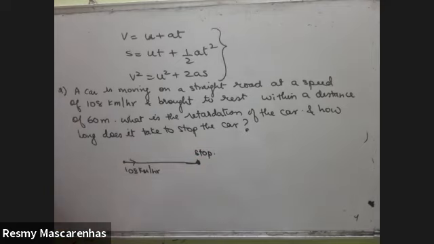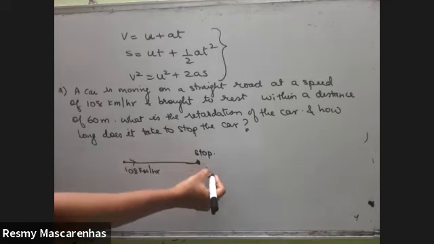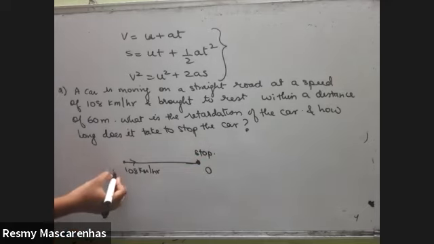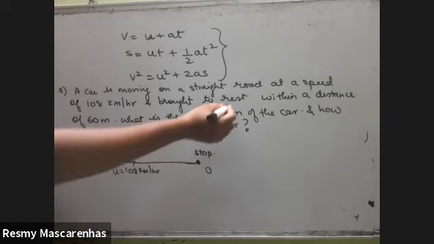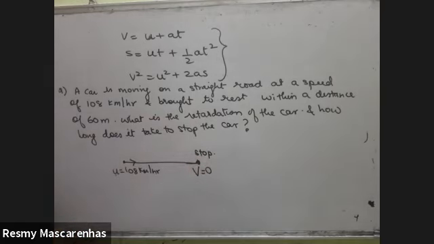At the stop it will obviously be 0. There are only two velocities here: one always will be initial, the other one will be final. So this becomes the initial now. Final is when the car will stop, so that would be 0. And how much distance has been told? 60 meters.